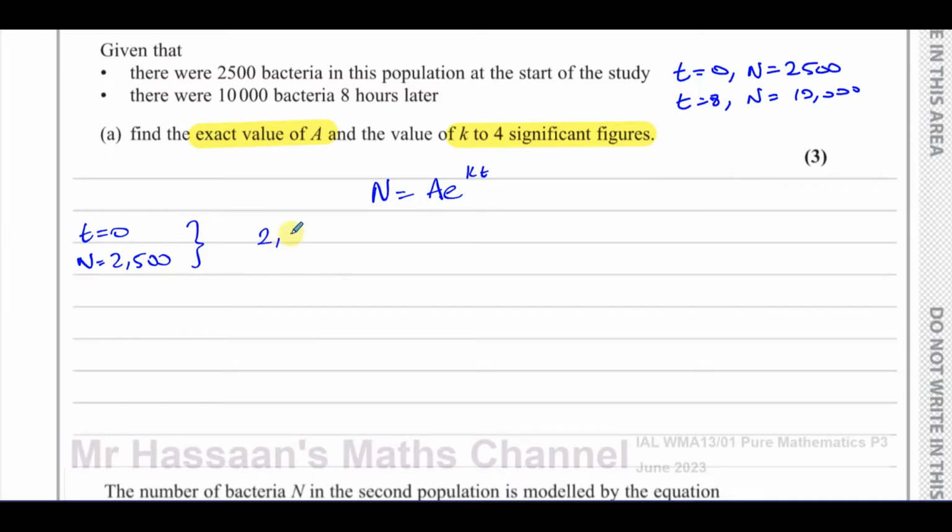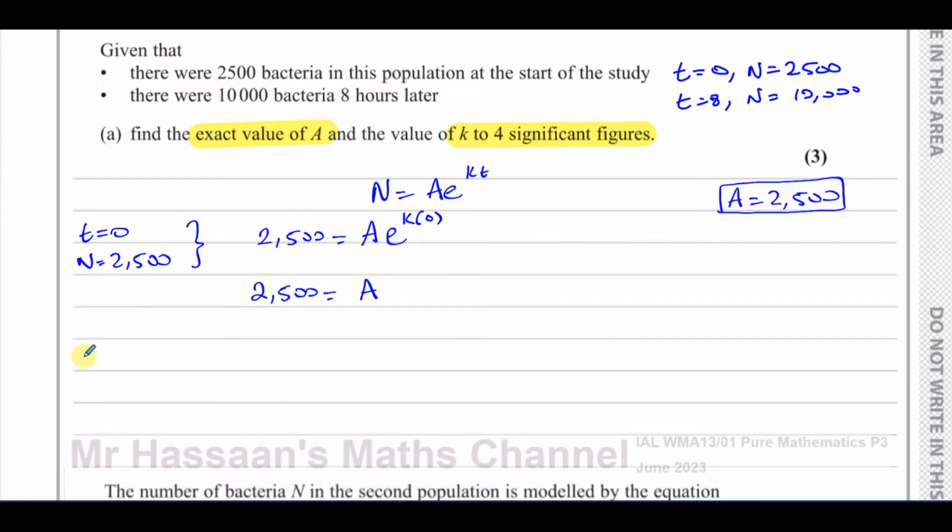So I've got 2,500 instead of n equals a, which we're trying to find, times e to the power of k, which we're trying to find as well, times t, which is 0. Now in this case, the k will be eliminated because k times 0 is 0, but it will leave us with what we're trying to find for at least one of the letters. So we have 2,500 equals a times 1, which is a. So that's it, a equals 2,500. So that's one of our answers.